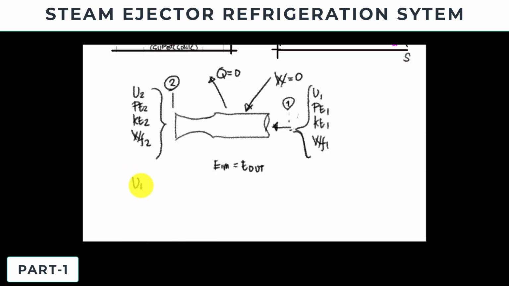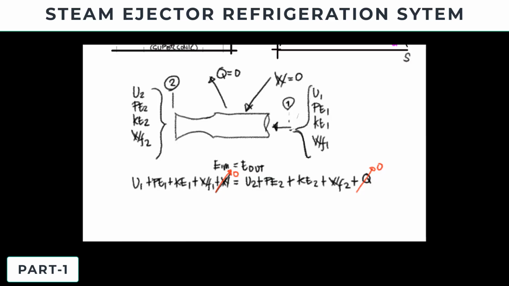So you have your internal energy 1 plus your potential energy 1 plus your kinetic energy 1 plus your flow work 1 plus your work, equate to internal energy 2 plus your potential energy 2 plus your kinetic energy 2 plus your flow work 2 plus your Q.